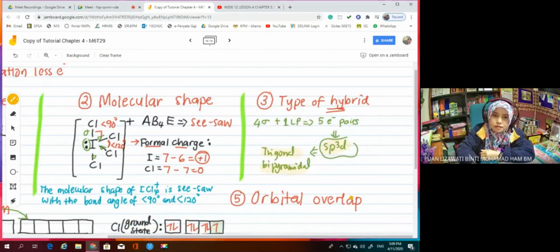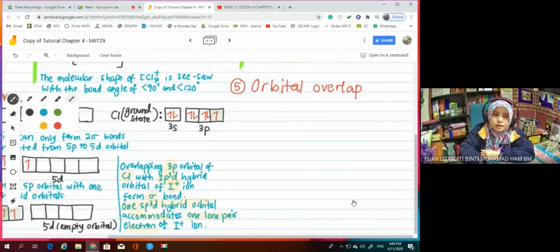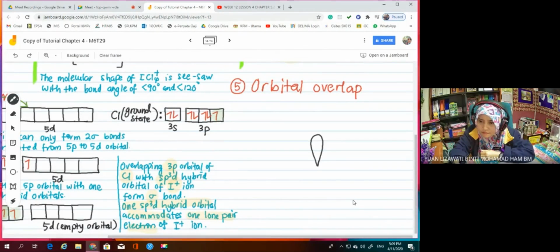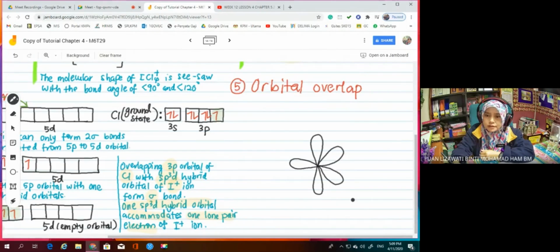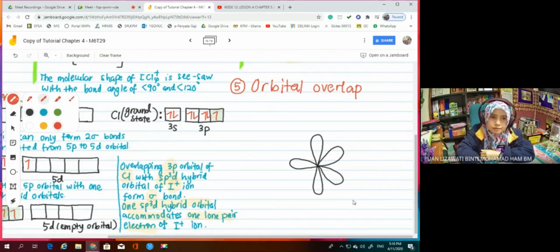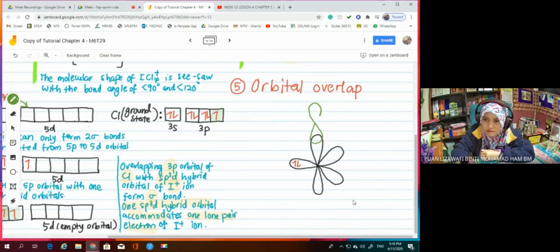Now for the orbital overlap, the shape for sp3d is trigonal bipyramidal. You can use the molecular shape here as the reference. Start with drawing the sp3d hybrid orbitals. Next, one hybrid orbital accommodates the lone pair. Just draw spin up, spin down. And then the other 4 overlap with 3p orbitals.